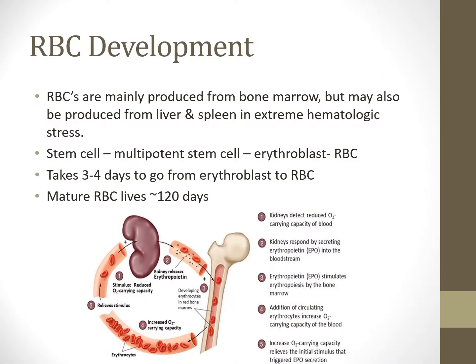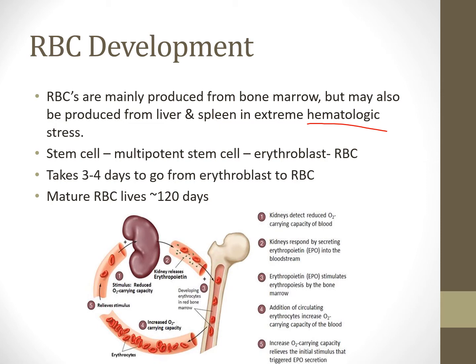So let's get into just the development of red blood cells. They're mainly produced from bone marrow. They can also be produced in the liver and spleen as well if there's a lot of stress for it. So if you're working in trauma medicine, right, and you have a patient that had a bleed out or is losing a massive amount of blood or internal bleeding, their body has compensatory mechanisms that can allow them to actually produce more red blood cells, more than just in the bone marrow.